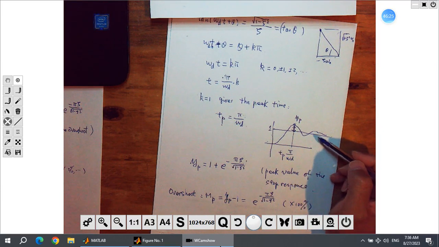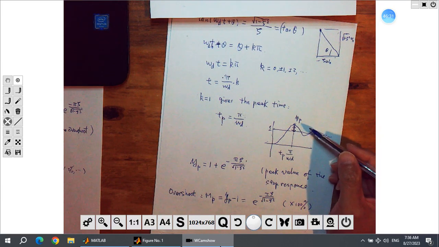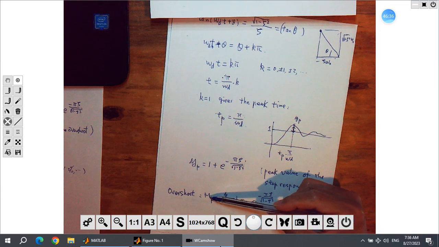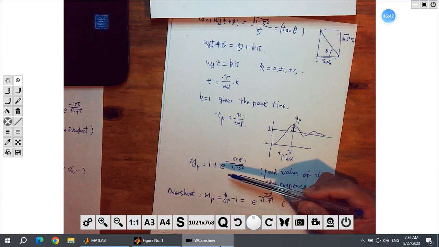And in the work to design the system, sometimes you have some requirement, like you want Mp not over, for example, 10%, or you want the settling time to be less than 1 second.